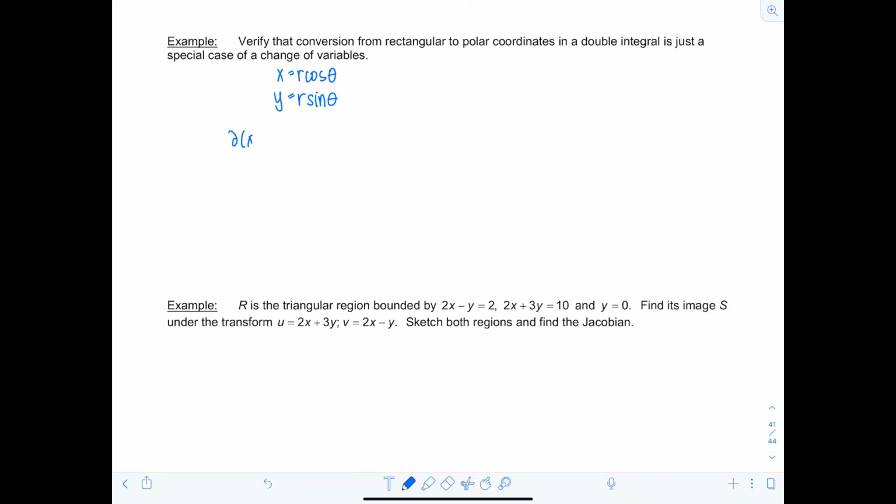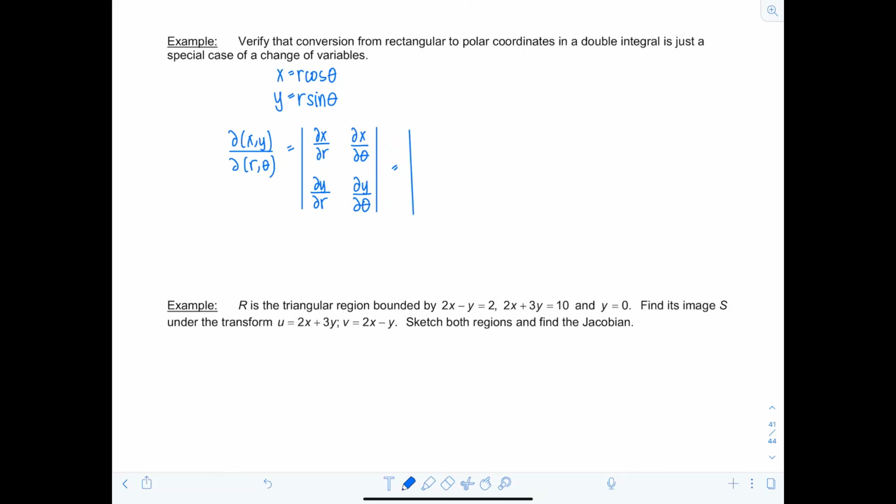So I need ∂(x,y)/∂(r,θ), and I'll write it all out. I think it's a good idea. So you have ∂x/∂r, ∂x/∂θ over ∂y/∂r, ∂y/∂θ. And then let's go ahead and figure out what that's going to be.